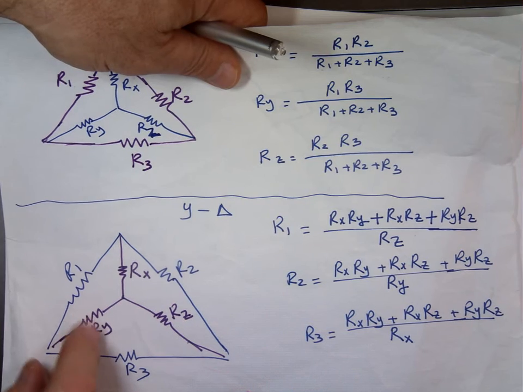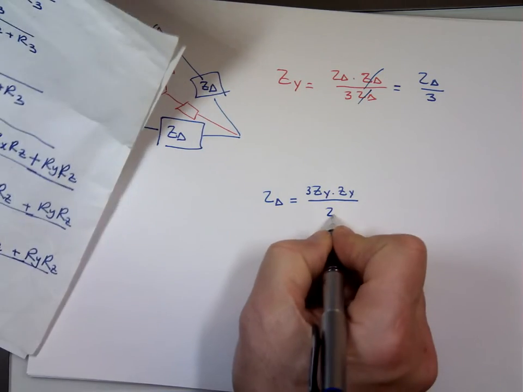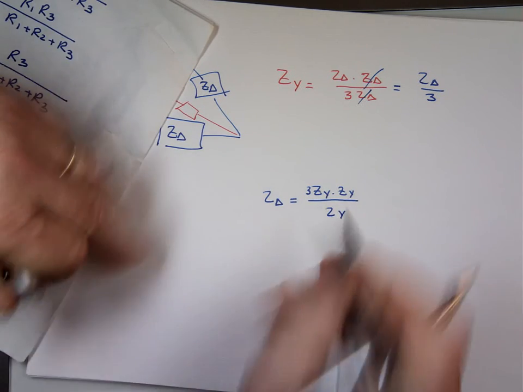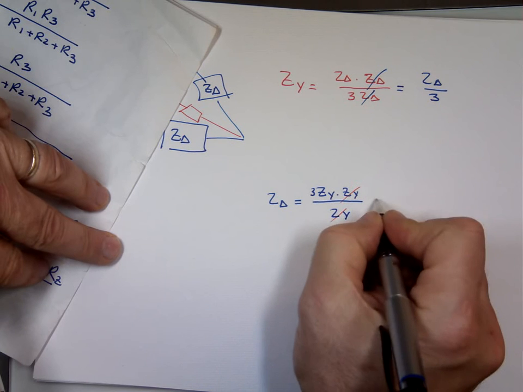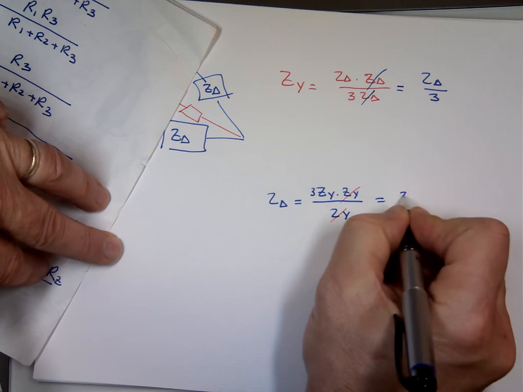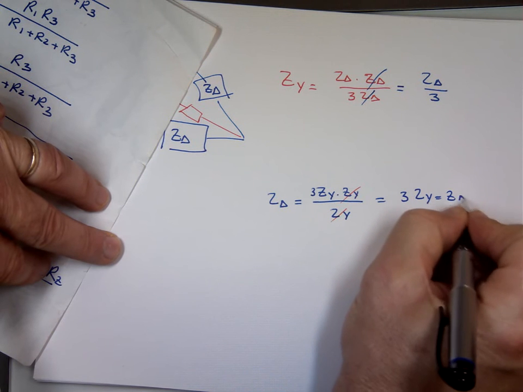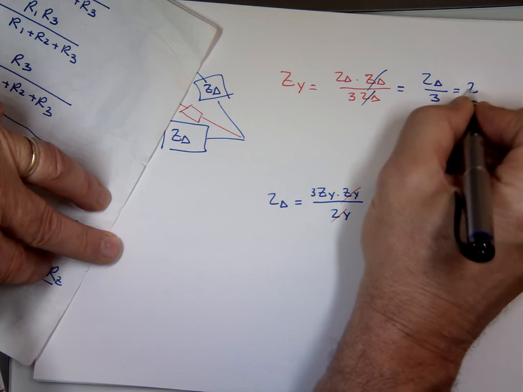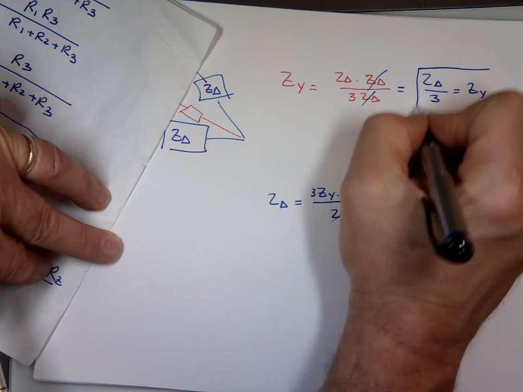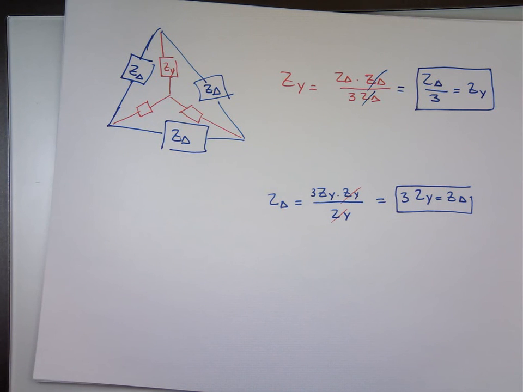If I'm looking for this, I have to divide it by that one, which is ZY. And what do you notice quickly? Z delta equals, just basic math here, 3 times ZY. Or ZY equals Z delta over 3. Again, that's assuming it's balanced. If it's not balanced, we're going to redo everything.